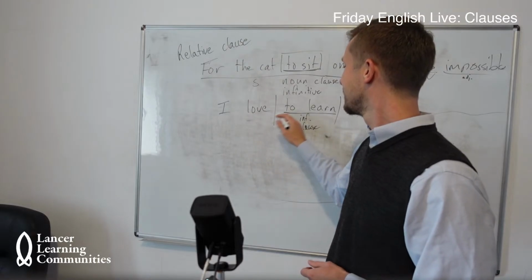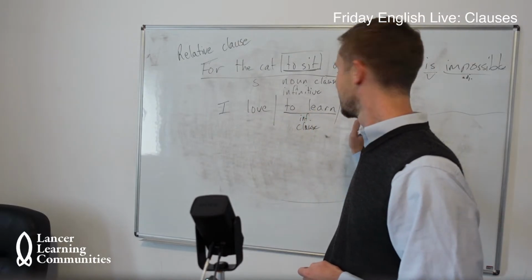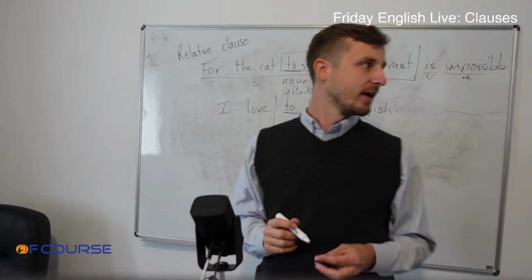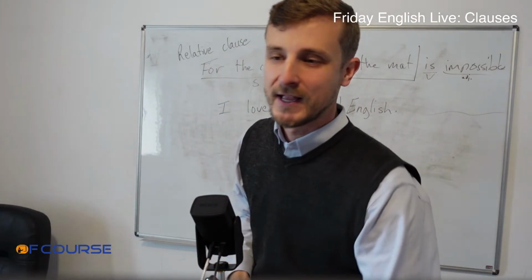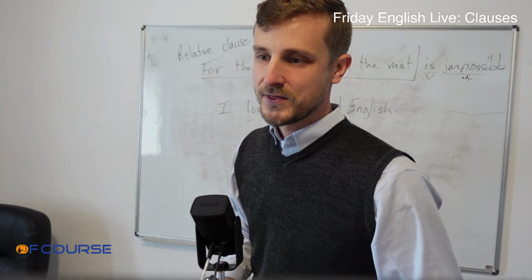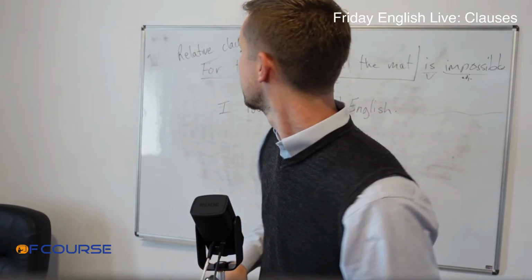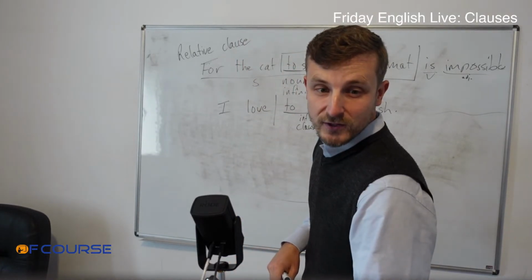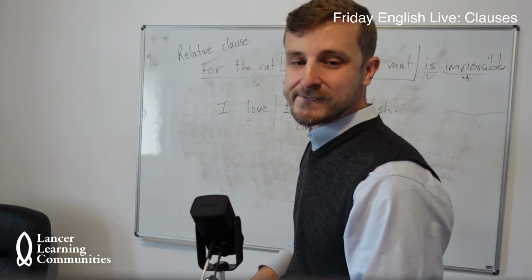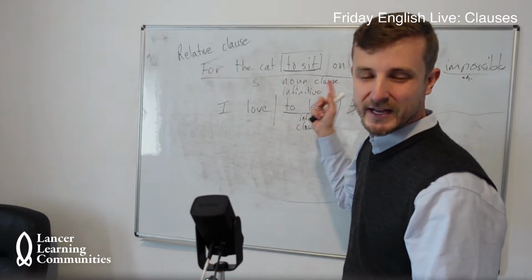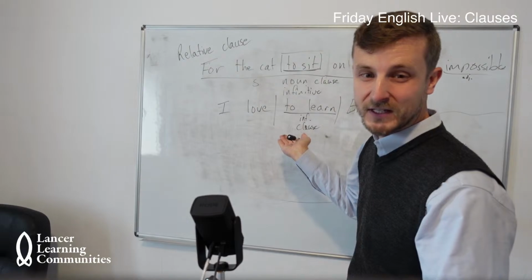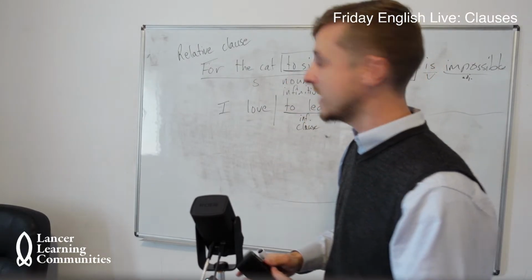So I love to learn English. All right. So let's go ahead and think about this. Are we ready to move on to the next clause? Good morning. I think this one's pretty clear, right? Infinitive clause just has an infinitive form of a verb in there. So let's go ahead to the next one.